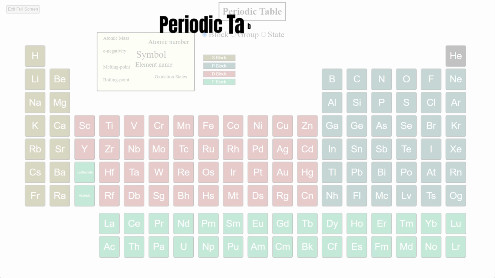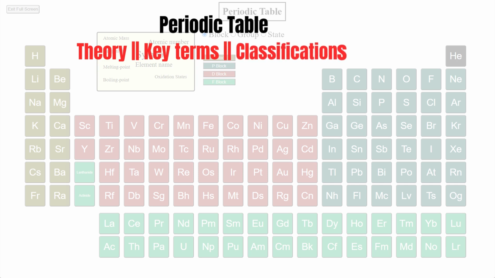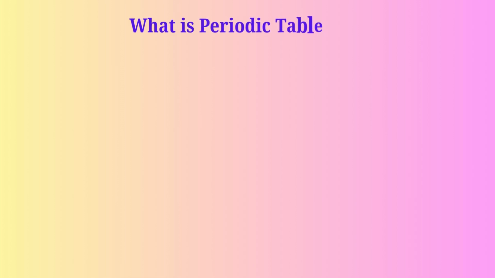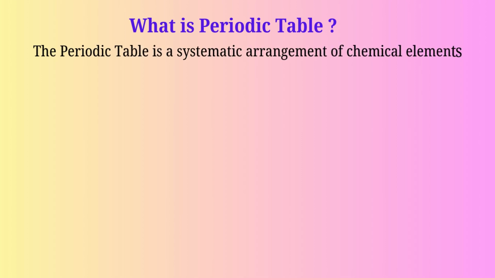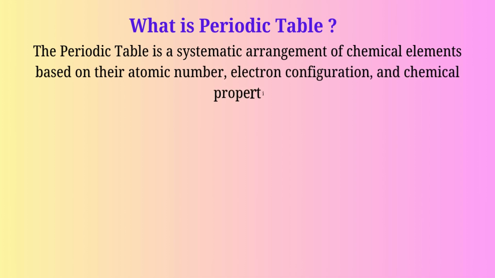In this video, we will learn about the periodic table, covering its theory, key terms, and classifications. Now, what is the periodic table? The periodic table is a systematic arrangement of chemical elements based on their atomic number, electron configuration, and chemical properties.